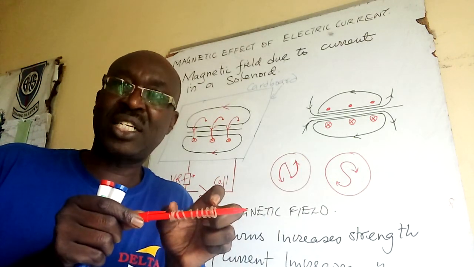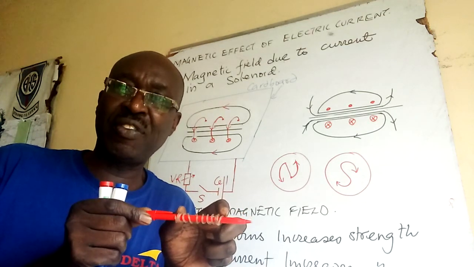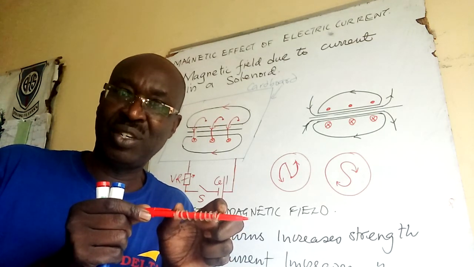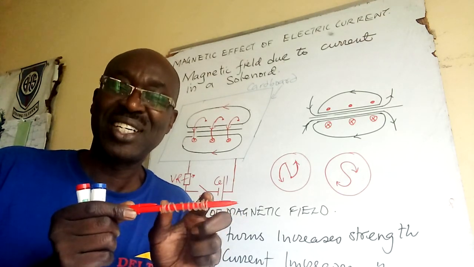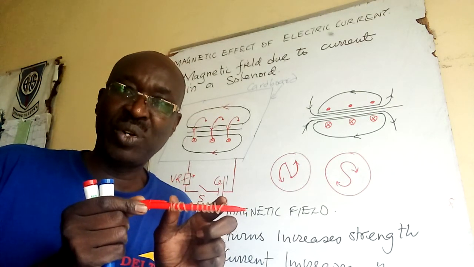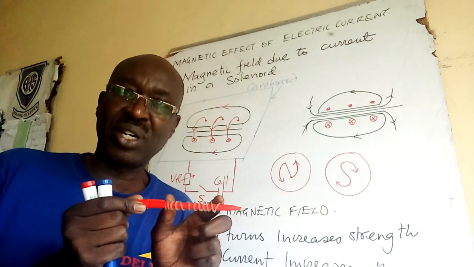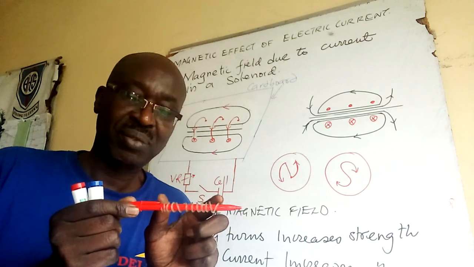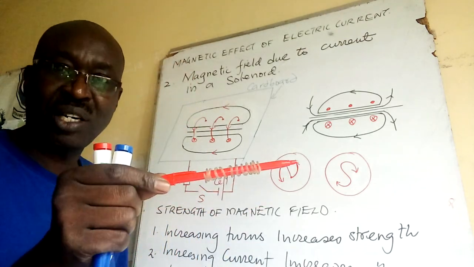So this coil has a better name, solenoid. If you say a coil, you're okay, but there are many coils. So these are solenoids. It's good to distinguish. This is physics. This is where we get engineers, doctors. So we don't want you to do funny things when you're a doctor, an engineer or a teacher. Solenoid. This is just an example.